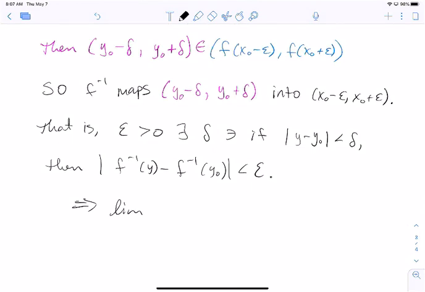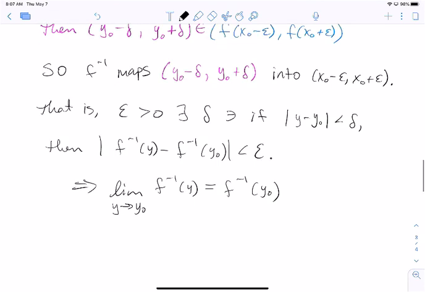So then we can conclude that the limit as y approaches y naught of f inverse of y is equal to f inverse of y naught, and that satisfies the definition for continuous for f inverse. And that's essentially an outline of the proof that is in the appendix.